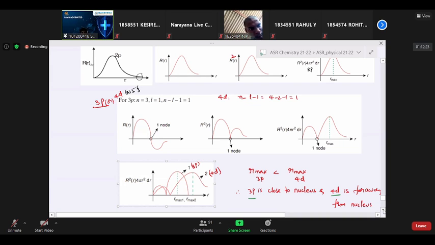So for 3p and 4d, the next thing is their maxima. 4d is in the fourth orbit, 3p in the third orbit, and the fourth orbit is relatively far away from the nucleus.